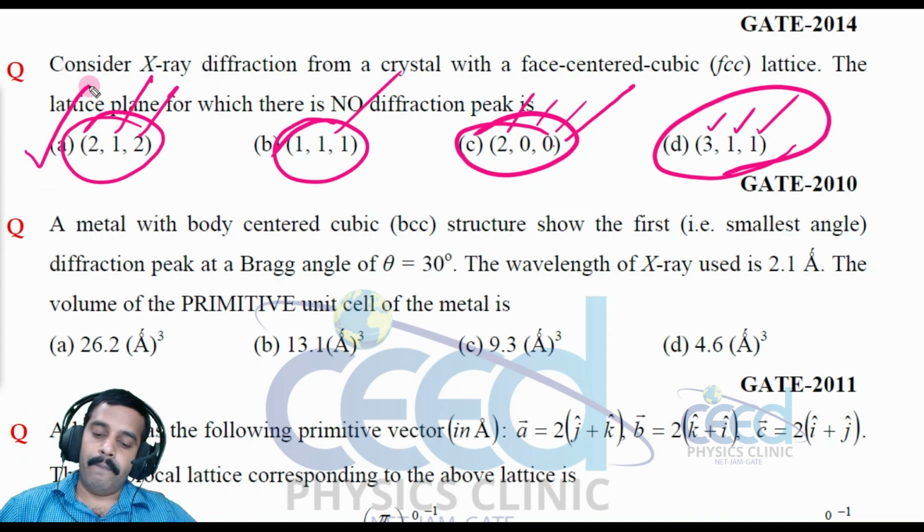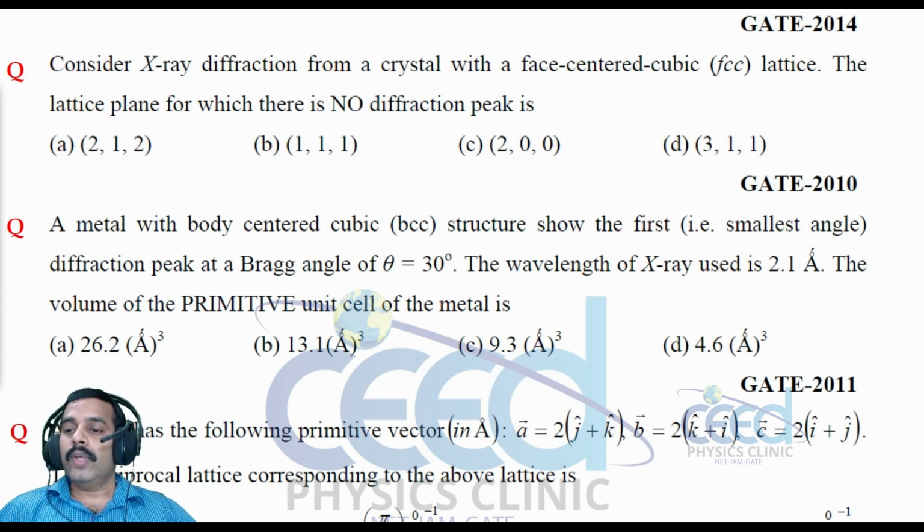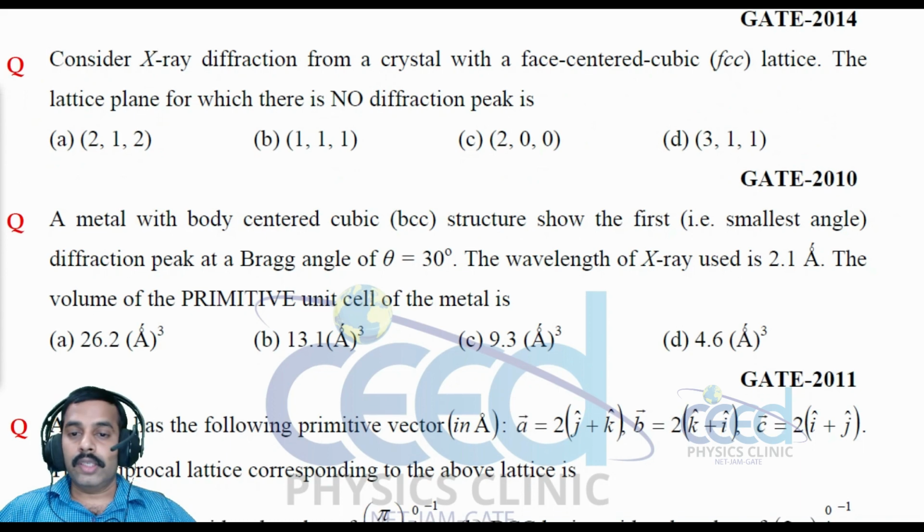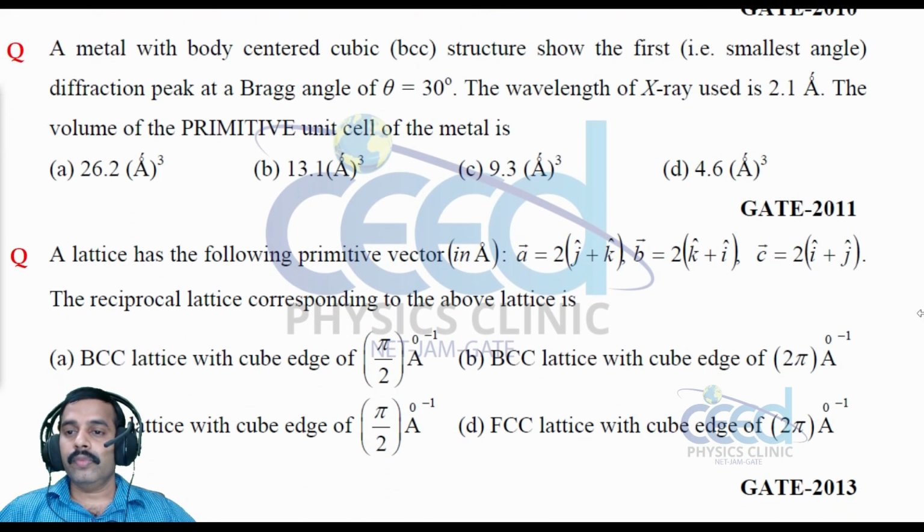Now let us come to another question. A metal with body centered cubic BCC structure shows the first smallest angle diffraction peak at the Bragg's angle theta equal to 30 degree. The wavelength of X-ray used is 2.1 Angstrom. The volume of the primitive unit cell of the metal is.